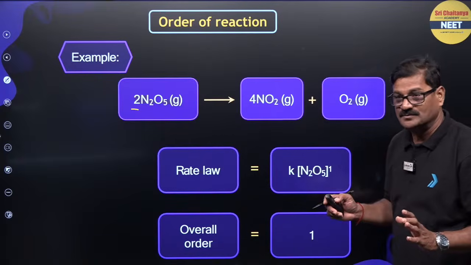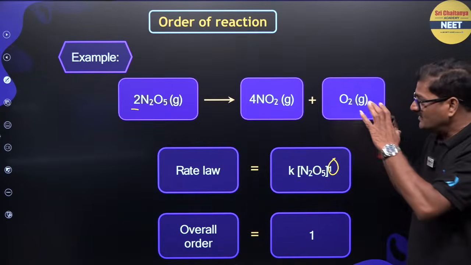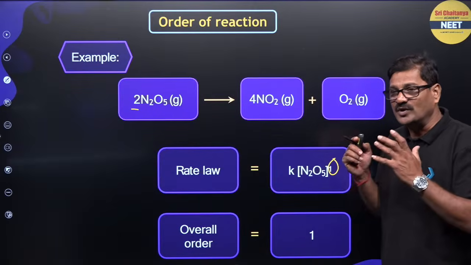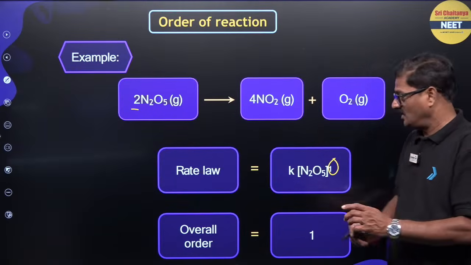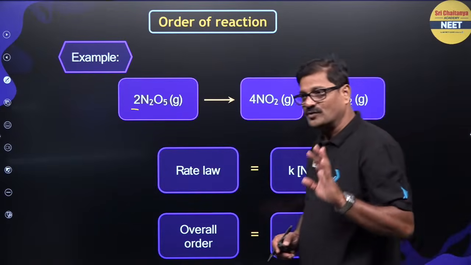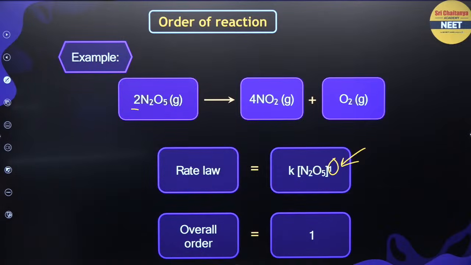You cannot, because you don't know. This is the behavior of this reaction. It is determined how it is behaving experimentally. ये experimental के हिसाब से देना पड़ता. Overall order of a reaction is one only, first order reaction. It is weird and surprising.